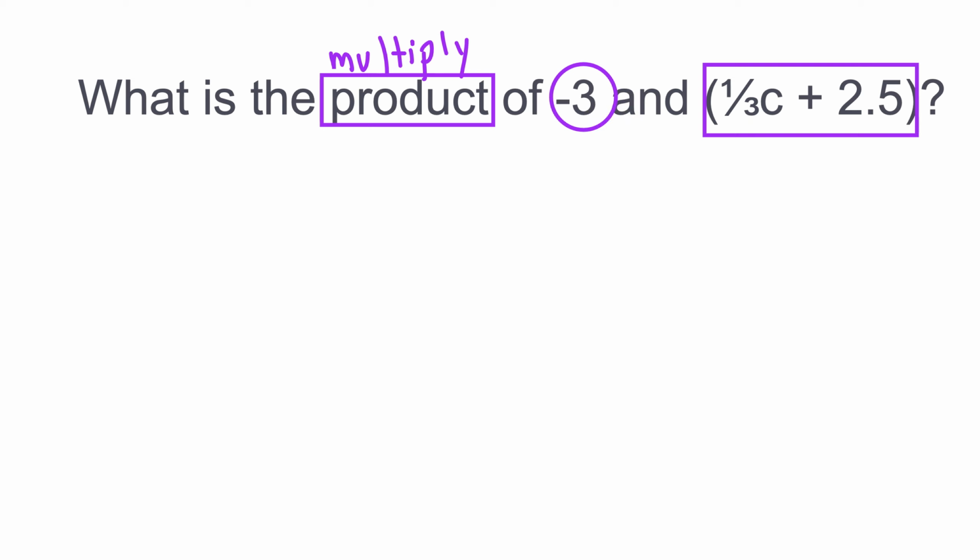Let's change the way it looks, and what we'll do is write -3 first, times, and to represent this multiplication, we can just put this number right next to the parentheses. So that's going to be -3, parentheses, 1/3 c, plus 2.5.